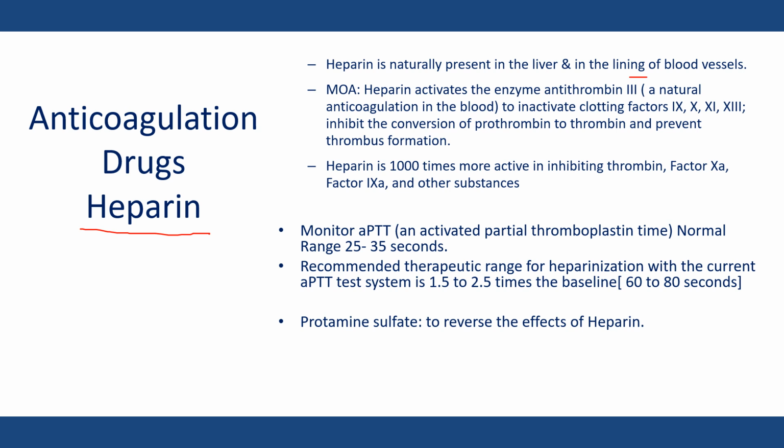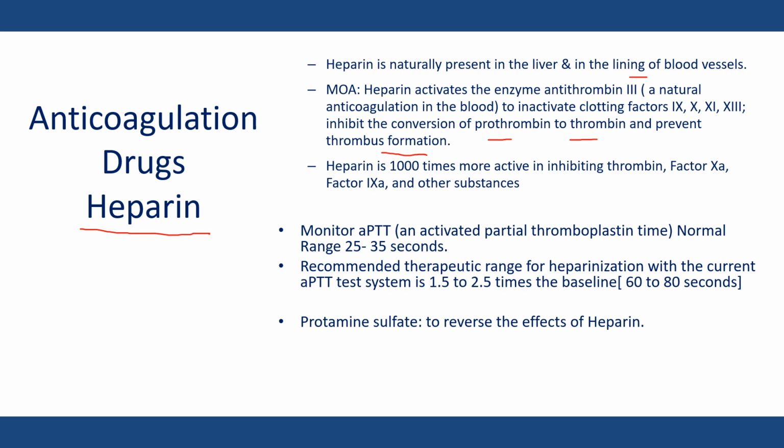And this enzyme, when you activate it, will inactivate clotting factors 9, 10, 11, and 12. By doing so, it will inhibit the conversion of prothrombin to thrombin and prevent thrombus formation.